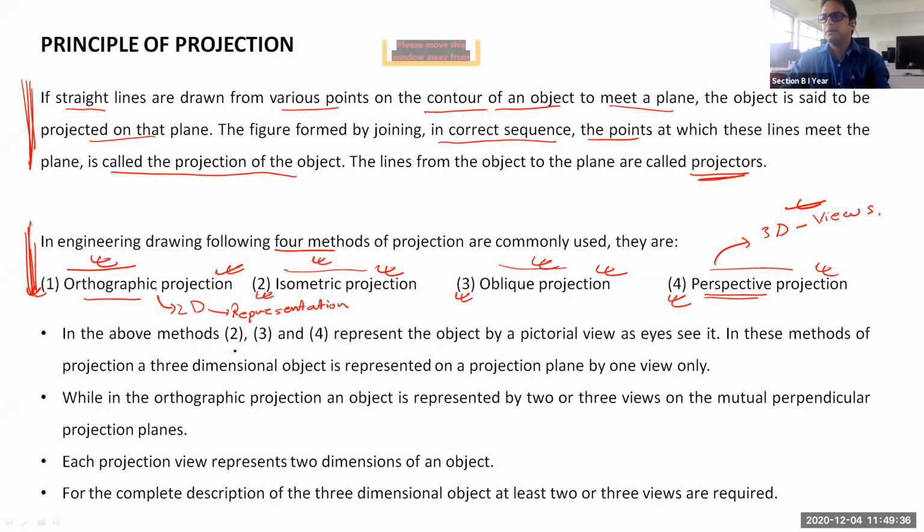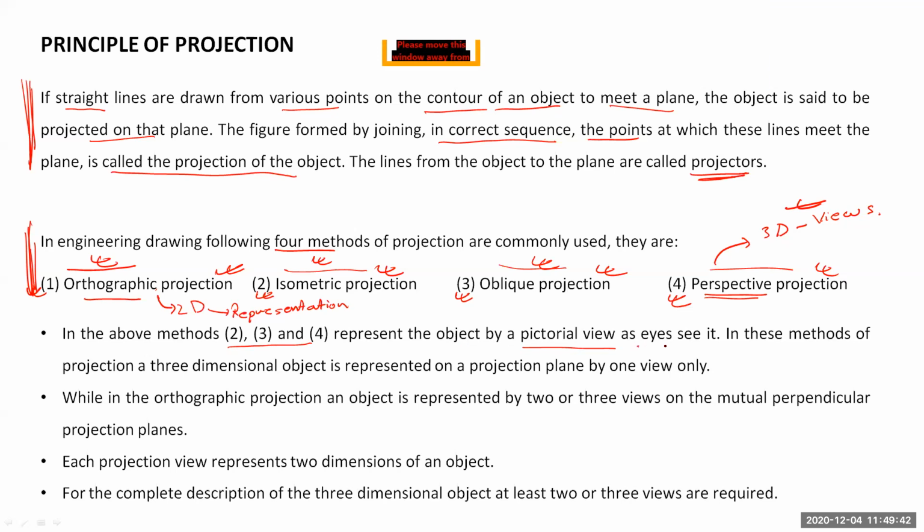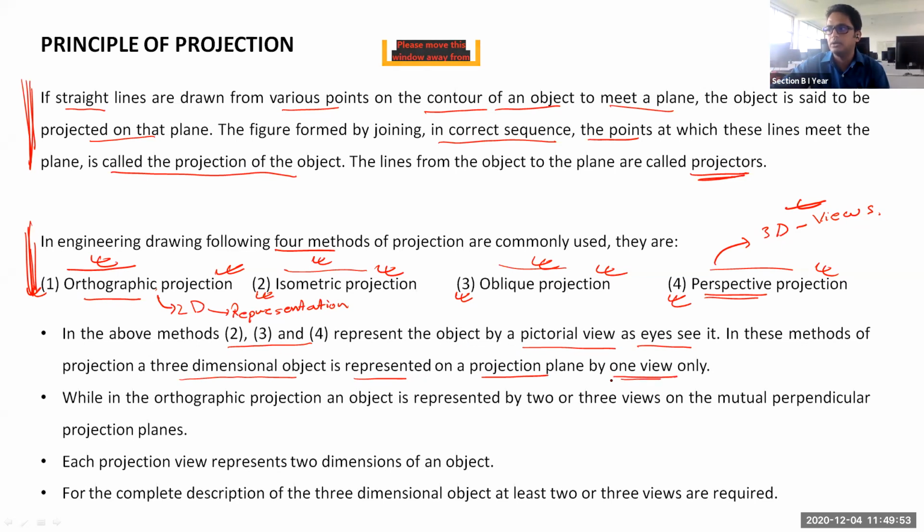Now, what else I have written here? Let's see. The above methods 2, 3, 4 represent the object by pictorial view as I see it. So our eye sees 3D views. In this method of projection, a 3-dimensional object is represented on a projection plane by one view only.